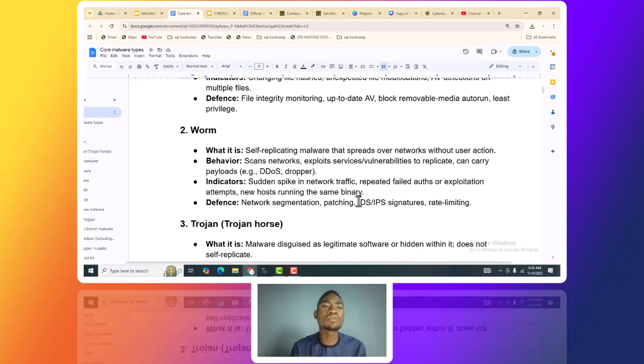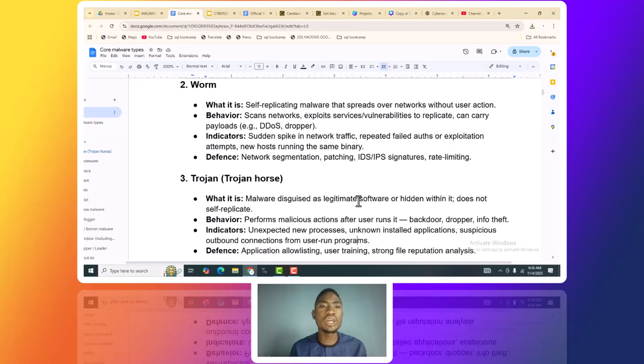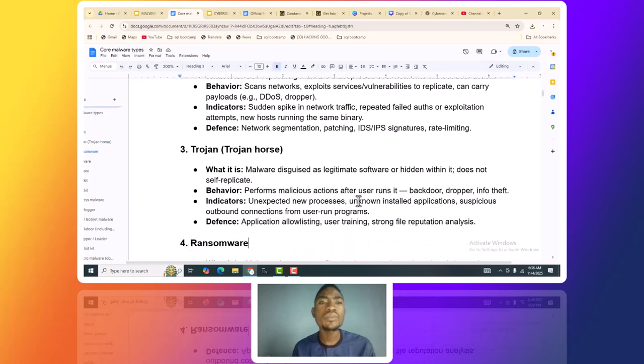So another most striking malware that we can think of is called a Trojan horse, or Trojan. A Trojan horse is actually a malware that disguises itself or masquerades itself as legitimate software or hides within it, and it does not replicate itself. One thing about a Trojan horse, it does not spread, neither does it replicate itself.